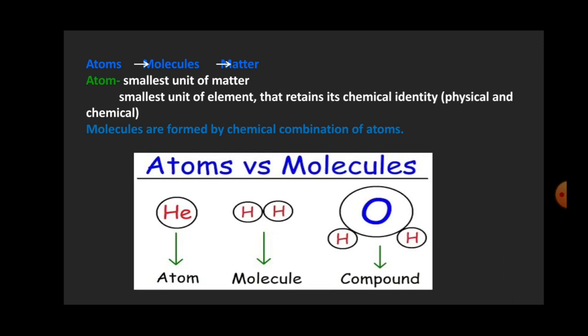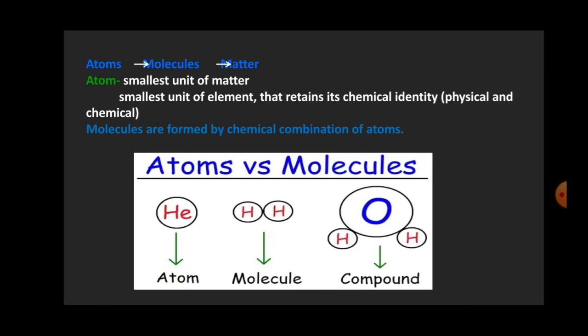So, how are molecules formed from atoms? Like your class is made up of girls and boys, right? Similarly, molecules are made up of different types of atoms, and these atoms combine chemically and form the molecules.